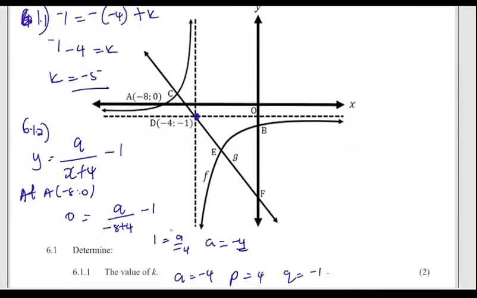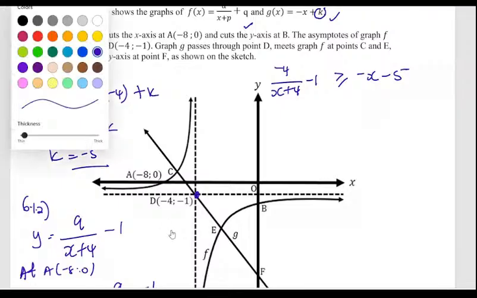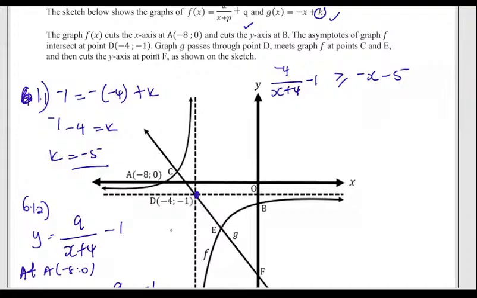Okay, where do we find f to be greater? So let's substitute and say that negative 4 over x plus 4 minus 1 is greater or equal to negative x minus 5. So the deal breaker is, let's move the 1 that side. So negative 4 over x plus 4 is greater or equal to negative x minus 4.